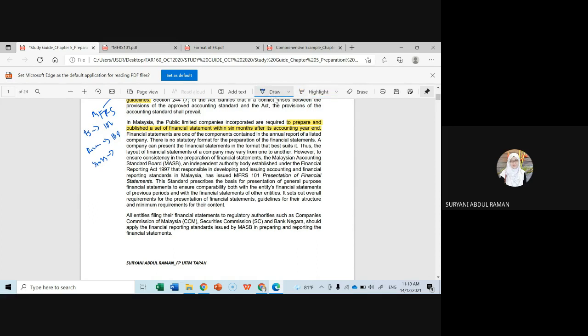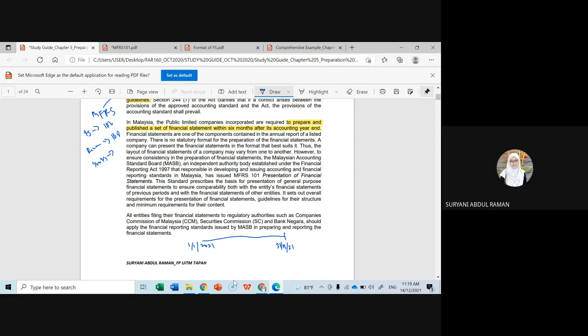For example, if your accounting period starts on 1st January 2021, you will close your accounting period on 31st December 2021.